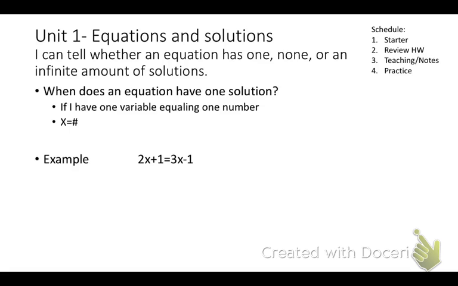So here's our example. We first need to decide which side we want the variable to end up on. So here's our example of 2x plus 1 equals 3x minus 1. So I'm just going to say that I want my x's on this side and my numbers on this side.